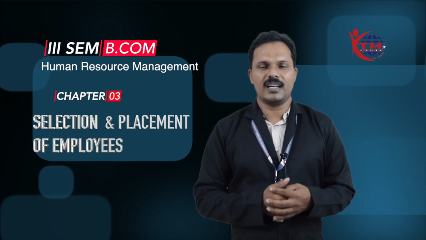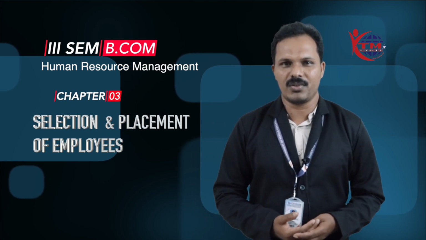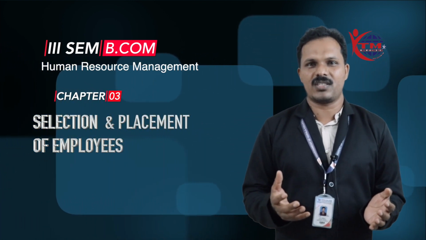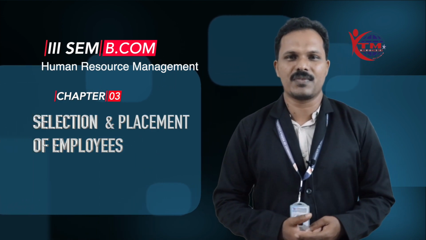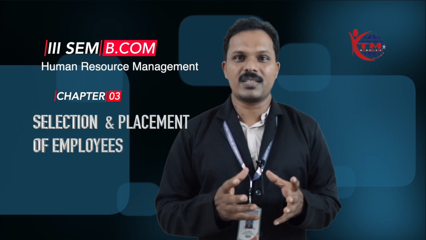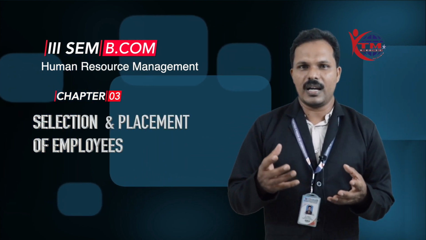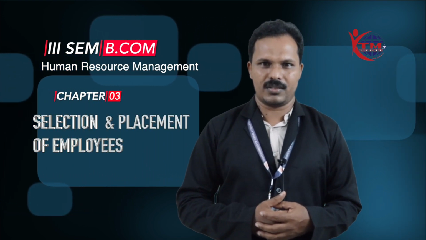And in the next part, we are going to study the various steps in the process of selection. There are 11 steps, but in today's class, we will study only the first 5 steps. The first step is to invite applications.